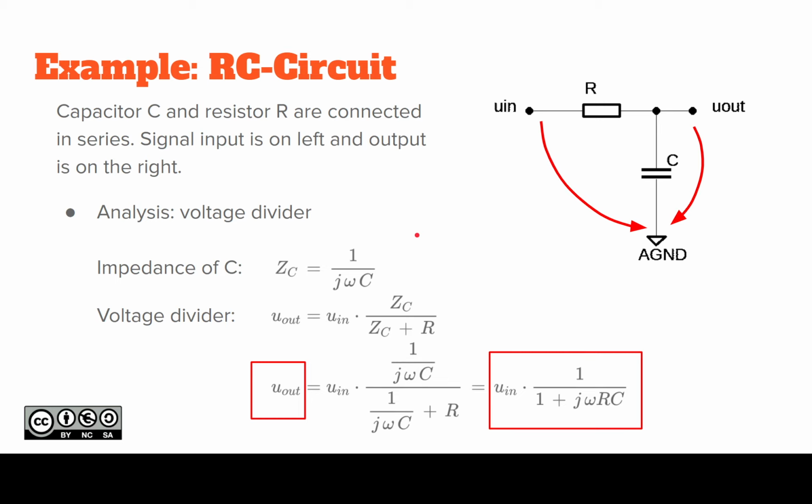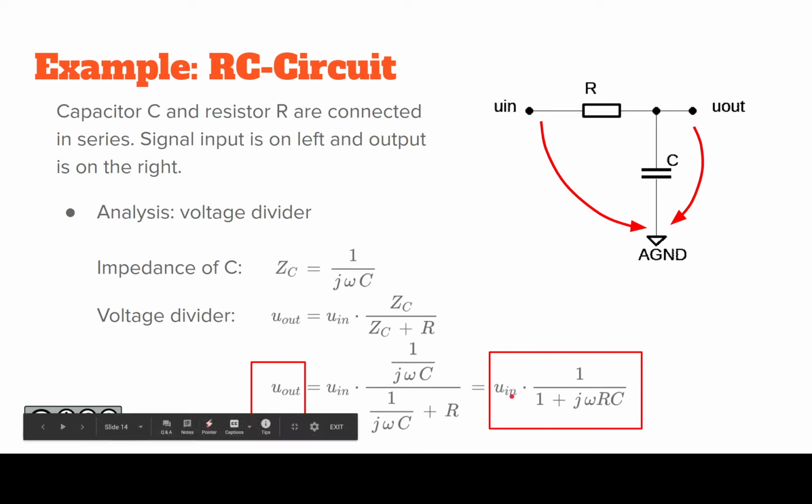And remembering that the impedance of a resistor is R and the impedance of a capacitor is 1 over J omega C, and using the previous voltage divider equation, we get a little bit nasty looking formula here, which is actually quite simple at the end.